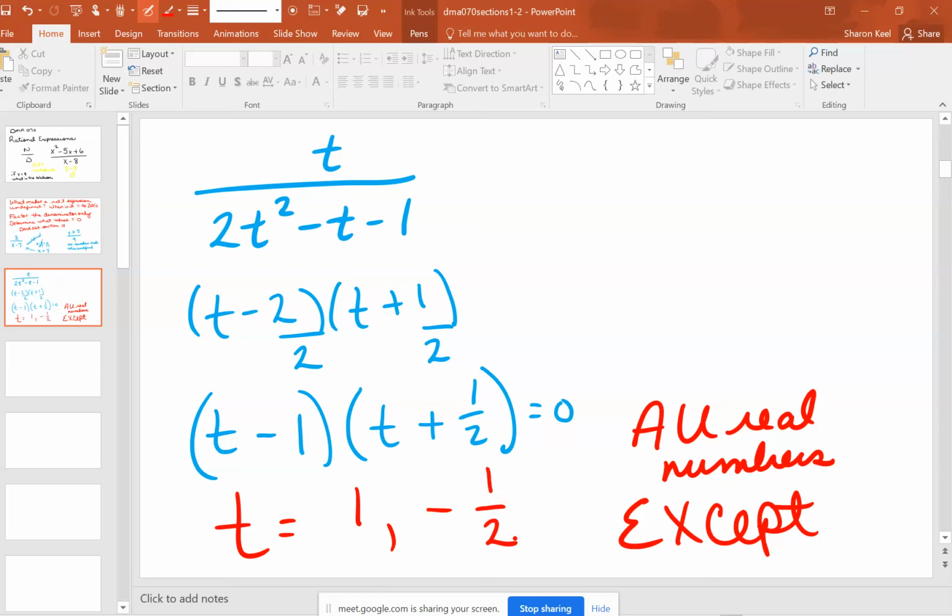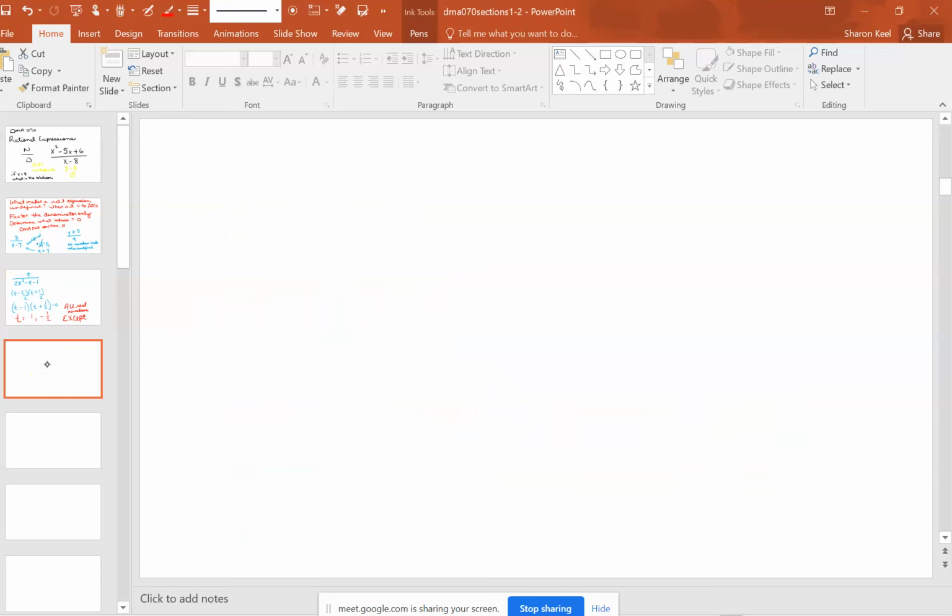So a solution would be everything except what makes the denominator be set equal to 0. That's the first part of section 1, is simply what makes a rational expression undefined is what makes the denominator equal to 0.